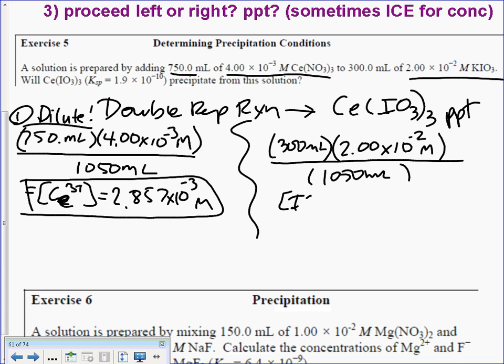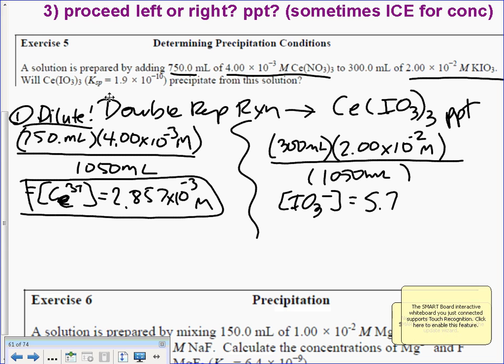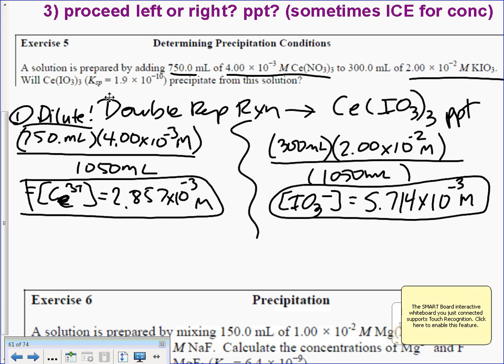And so iodate's concentration is 5.714 times 10 to the negative third molar. So after I diluted, you can obviously see the concentrations have decreased just because they're in a bigger volume. What do I do next? What's on our step-by-step here?